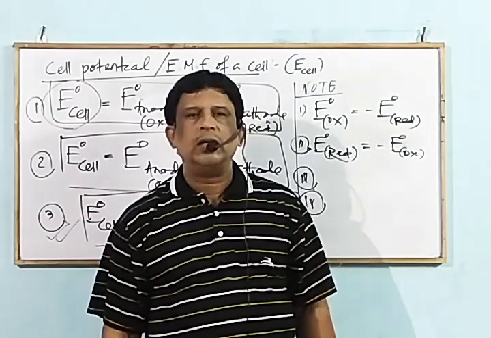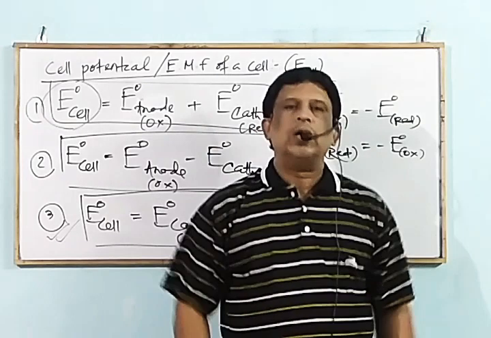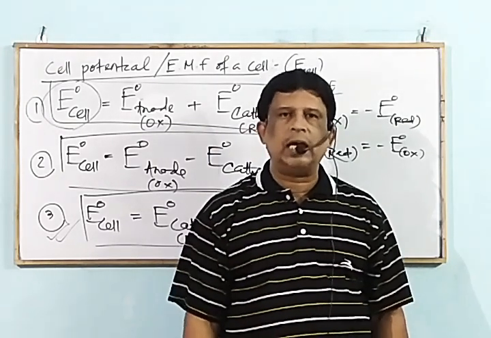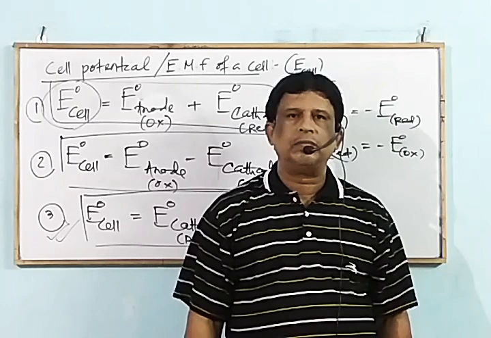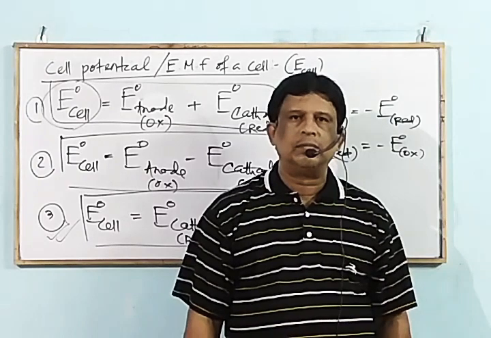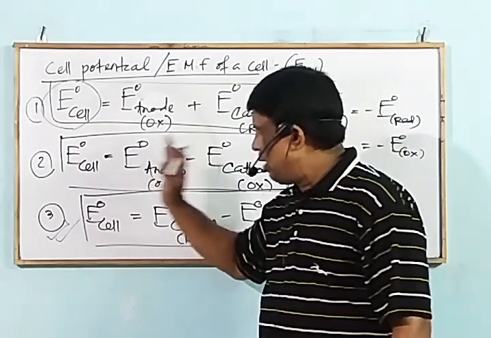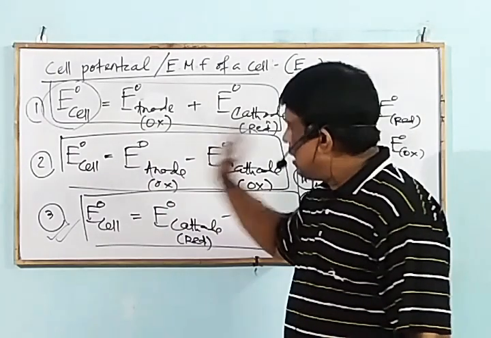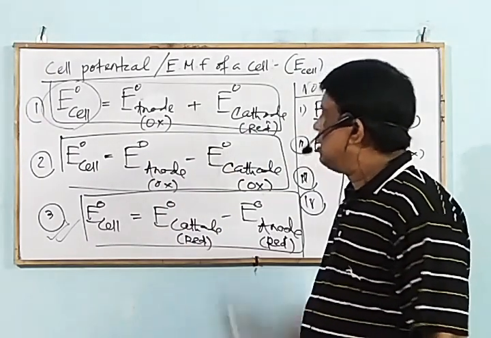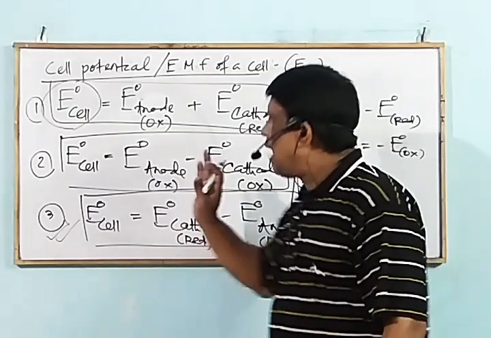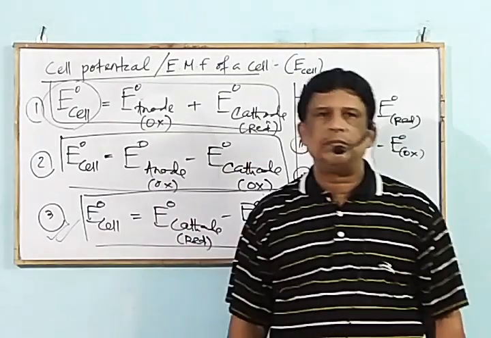And arbitrarily, its reduction potential is taken as 0 volt. It is all about the oxidation potential, reduction potential, standard electrode potential, cell potential, EMF of a cell.